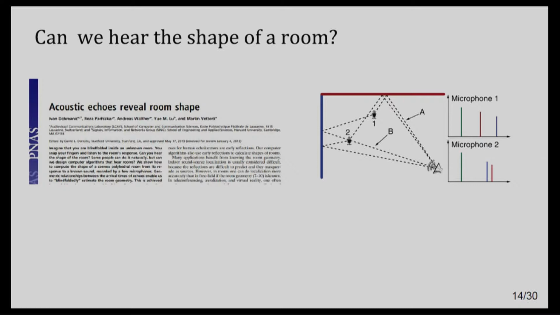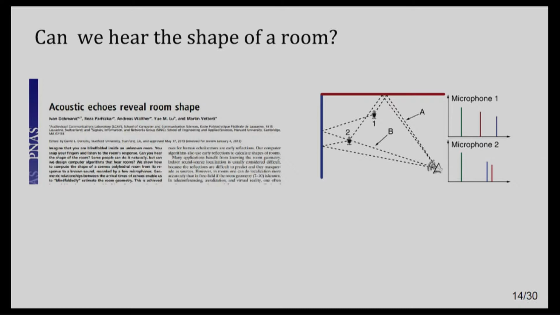And the main ingredient for this method is what we call a room impulse response. So this is visualized here. You have a speaker emitting a sound, and the microphones hear both the direct sound and also the echoes from walls.